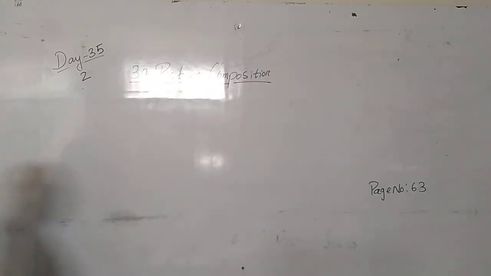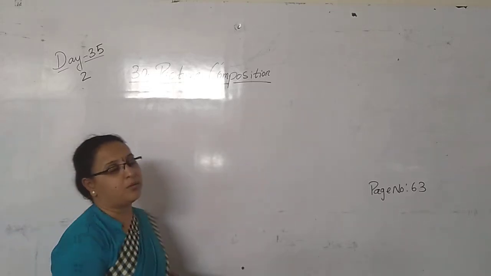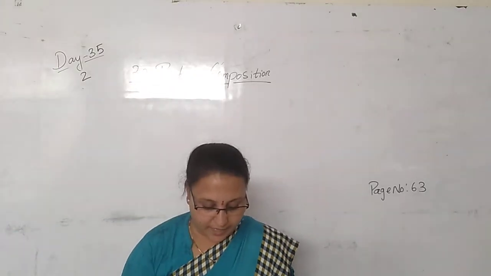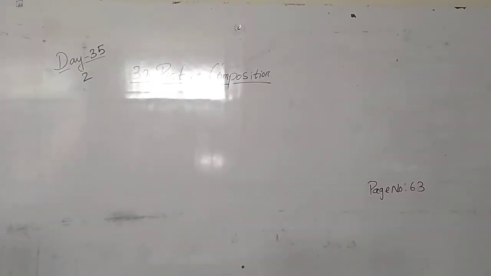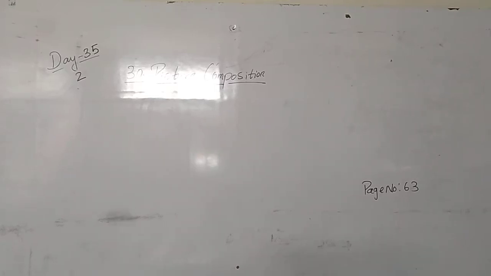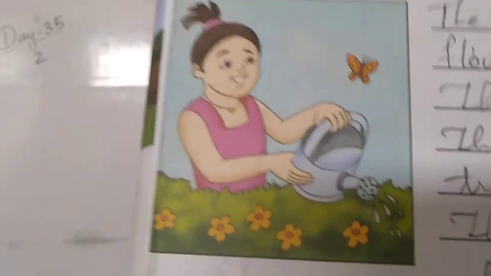So here I will show you the first picture, children, and then we will go to the next one. Yes, you can see it in your textbook, children. This is the picture.